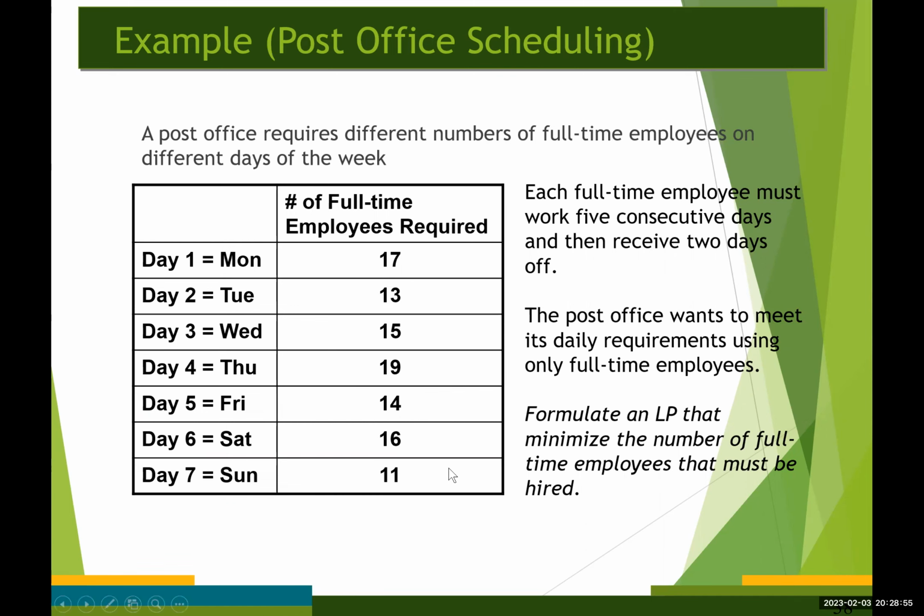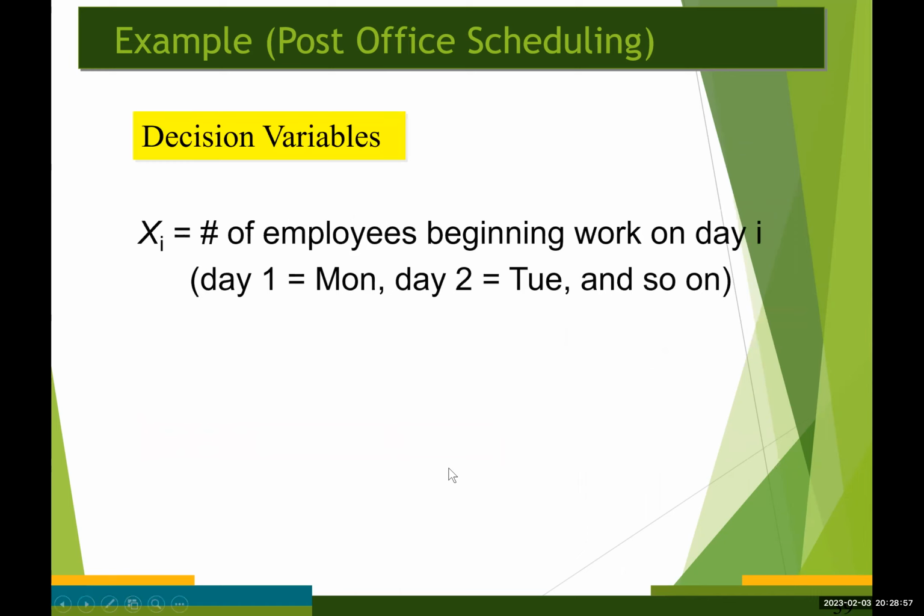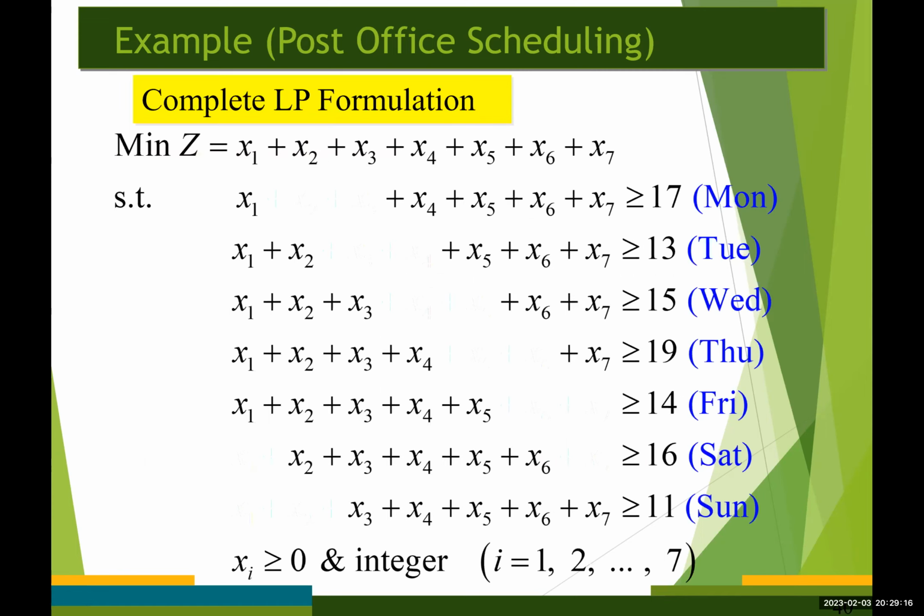Okay, so we define the decision variable that indicates the number of employees beginning work on each day, right? And day number 1 is set equal to Monday, day number 2 is Tuesday, day number 3 is Wednesday, and so on. And using this decision variable, we come up with this complete LP model, right?